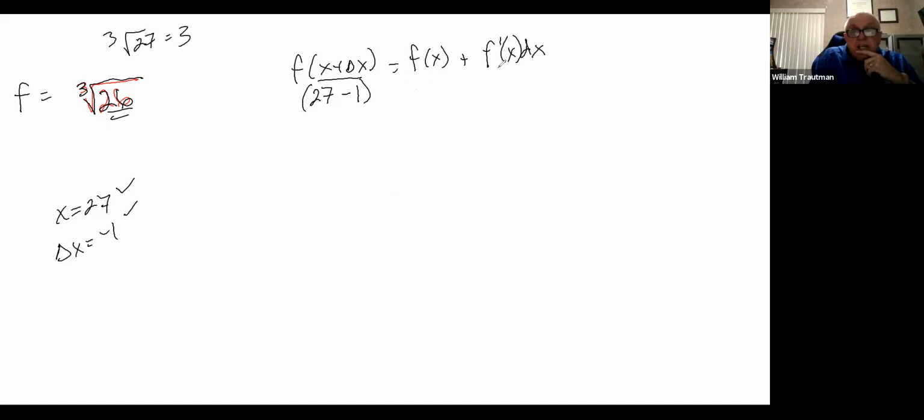So I need to find my derivative. Now here's my function. My function is going to be the third root of x, the third root of 27, third root of x. If I have the function that's the third root of x, what is the derivative?